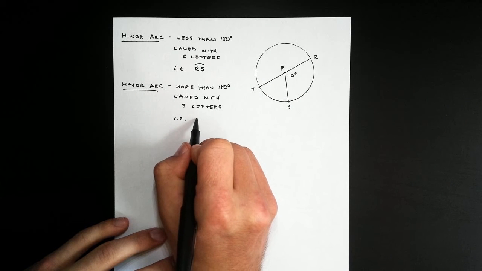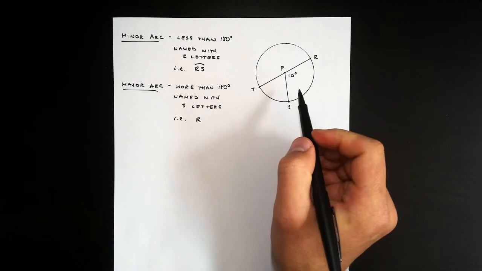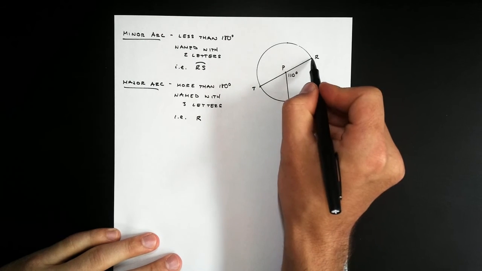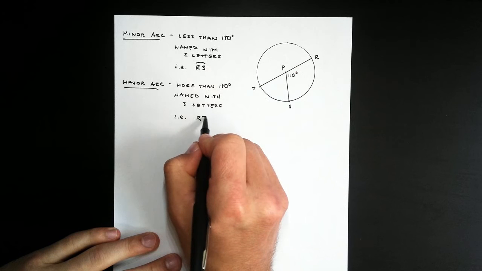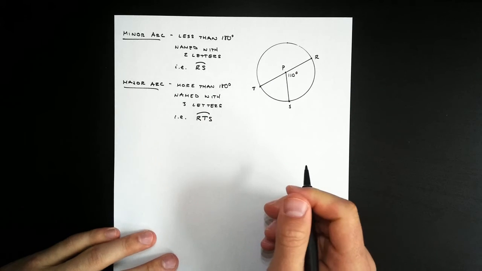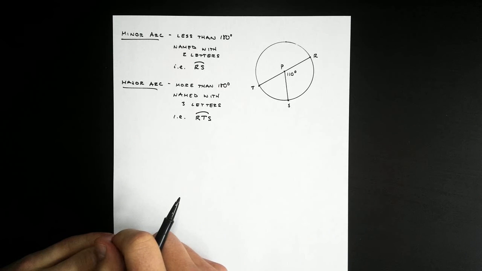So I want to go from R, and I don't want to go directly to S, so instead I'm going to go from R to T and then to S. And that gives me my major arc.